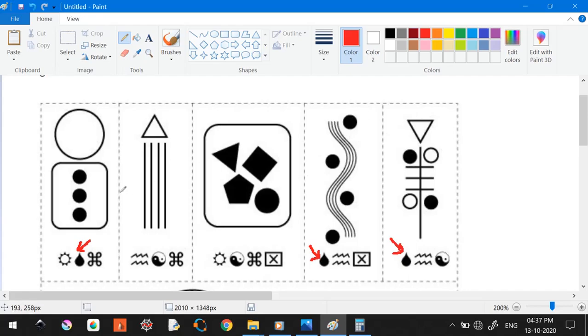Here I see four circles if I'm not wrong: 1, 2, 3 and the fourth one. So I need to have four circles. That is what I think is fitting here.